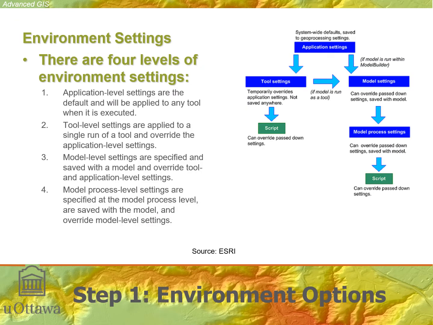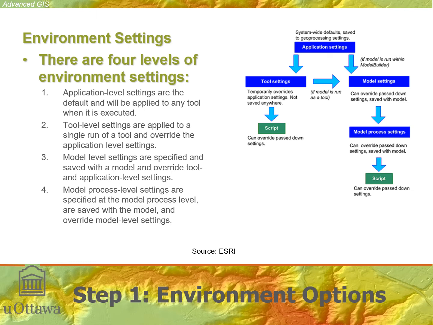And what does that mean? Well, environments control things such as the processing extent, so that anytime a tool or function is used, the output of that tool or function will honor or be within a certain extent, an extent being an x, y coordinate that, let's say, represents the left side and top of a region, and then an x, y coordinate that represents the bottom and right side of the region.